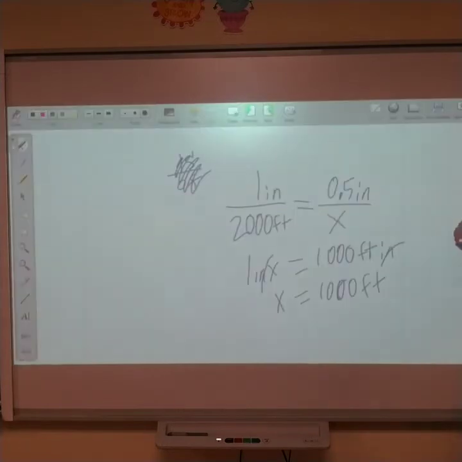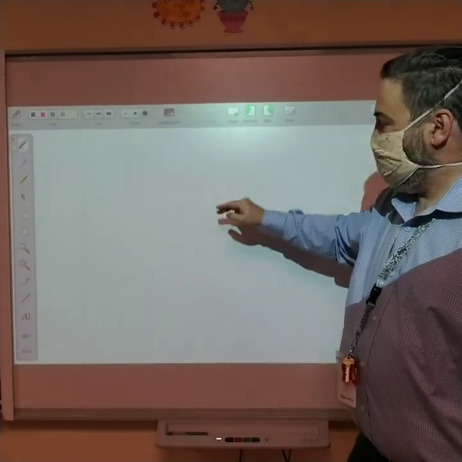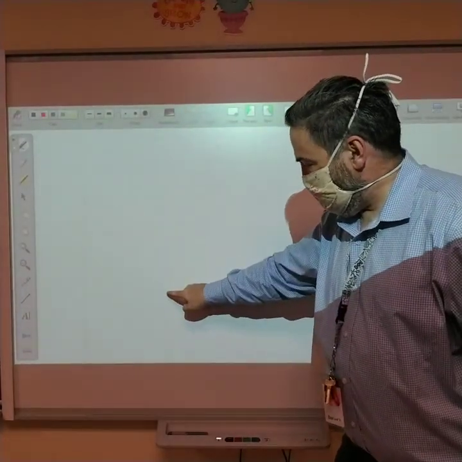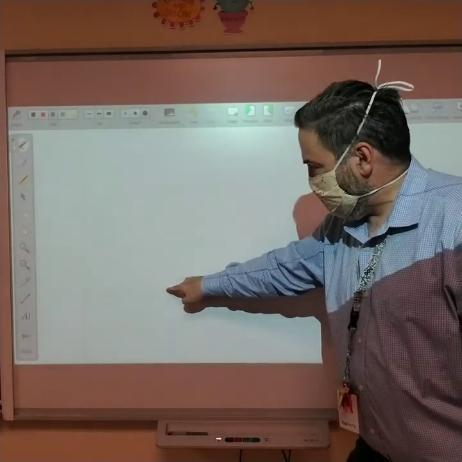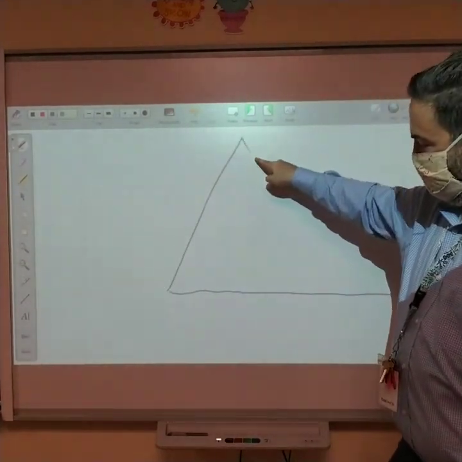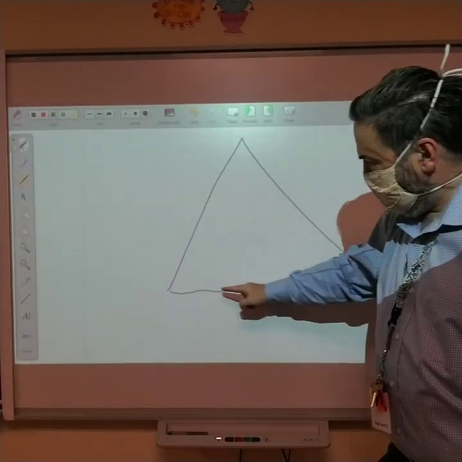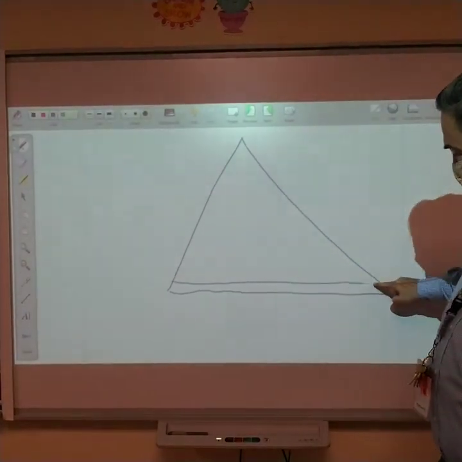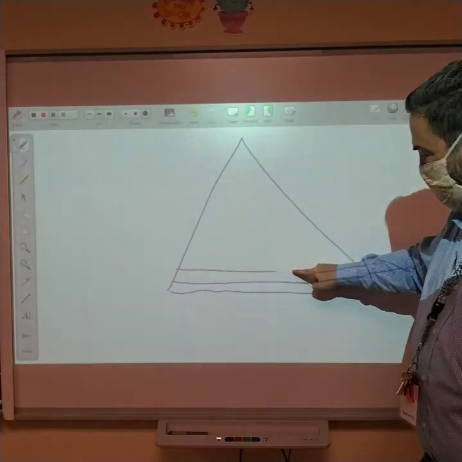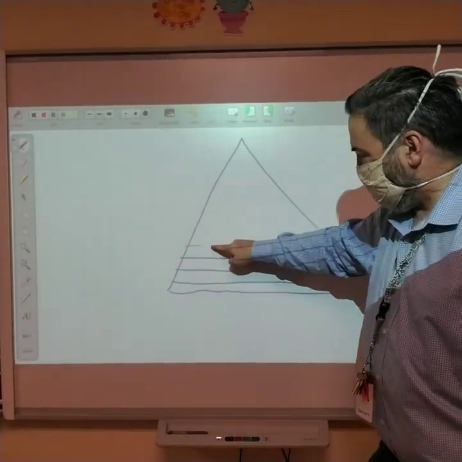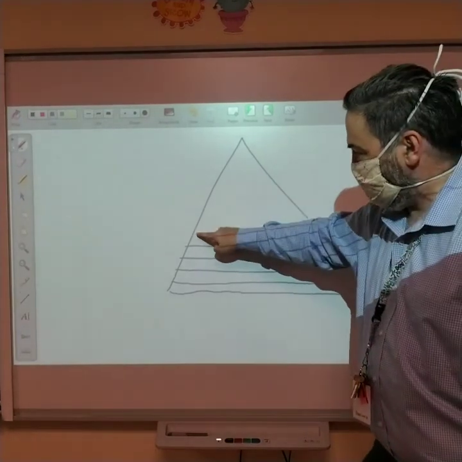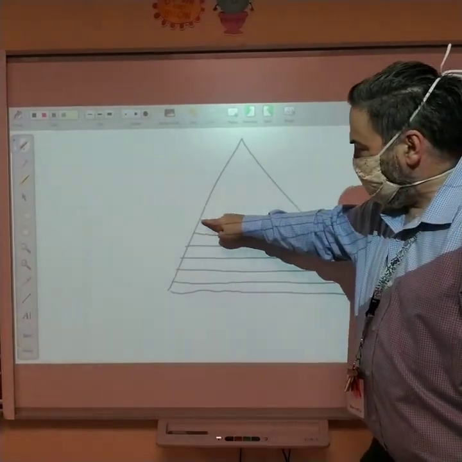So think about it this way. Let's see. So here's sea level. I have this side and this side. Here's a contour line. Here's a contour line. Here's a contour line. The contour interval of this map is 1 block.